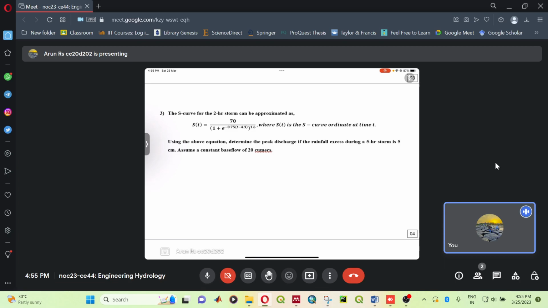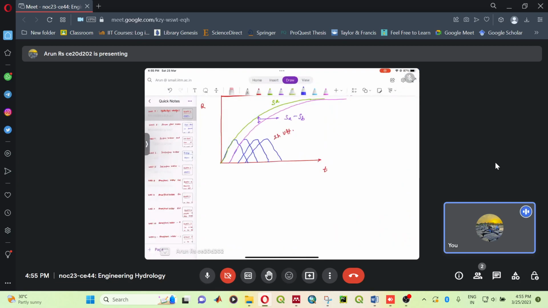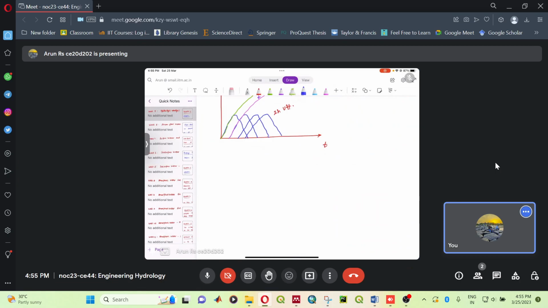Using this equation, we need to determine what is the peak discharge if the rainfall excess during a 5-hour storm is 5 centimeter, and we need to assume the base flow of 20 cumecs. So we'll see how to approach this kind of question. So in the question, the S-curve equation is given.